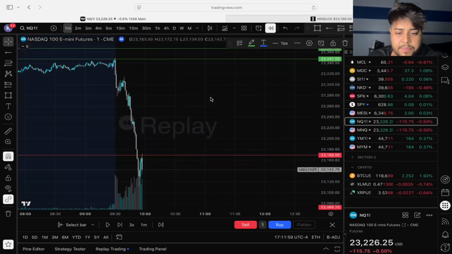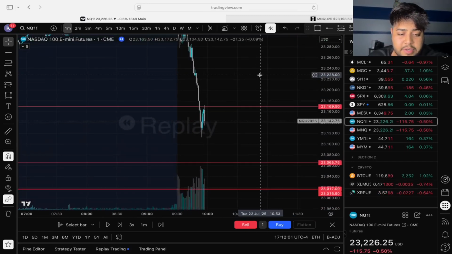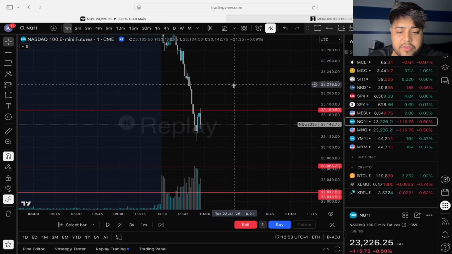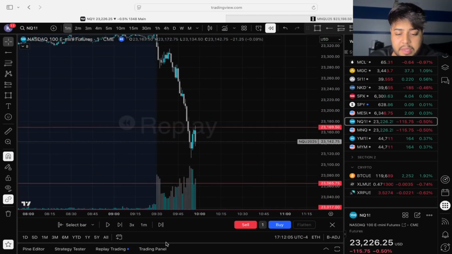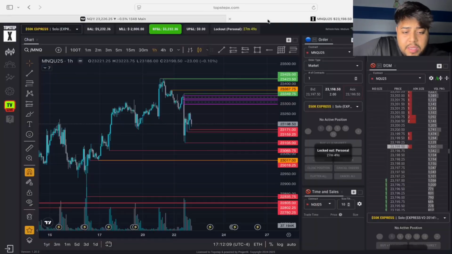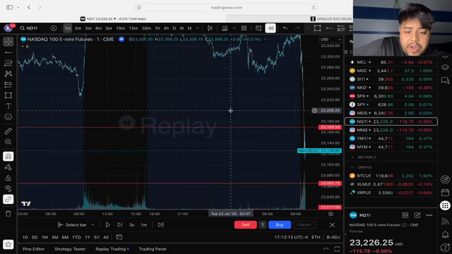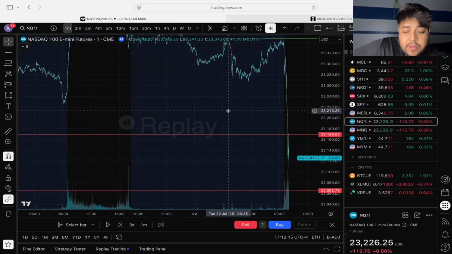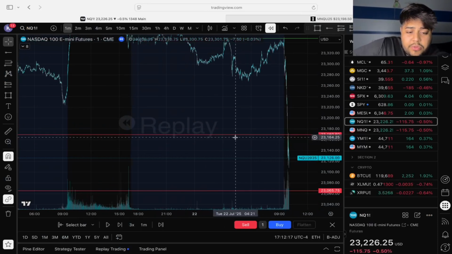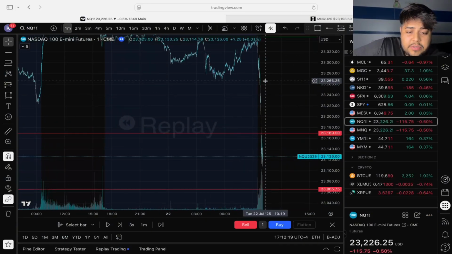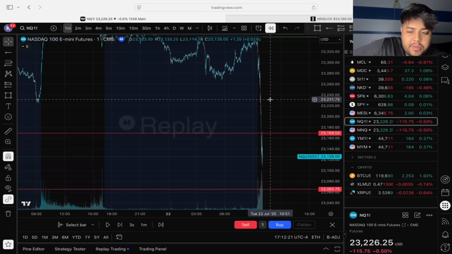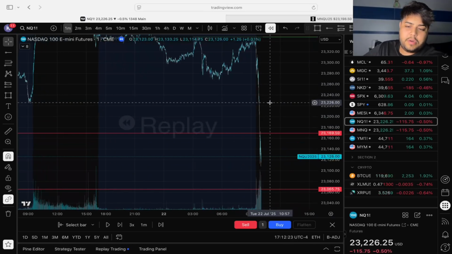Alright, so as you guys can see, we swept this area, and now I'm waiting for a fair value gap. And if you guys are asking, why didn't you take the prior liquidity levels that you deleted? Because it swept through multiple, and as soon as it touches another one, I don't care about the previous liquidity.